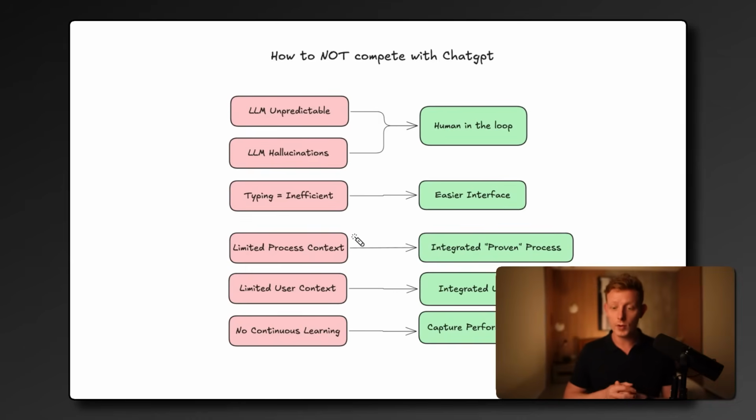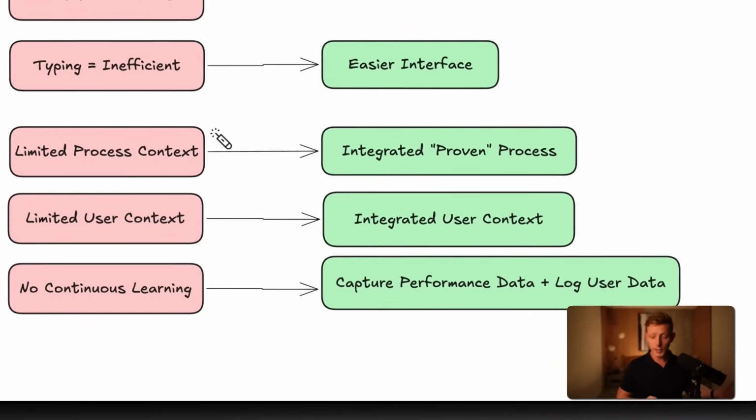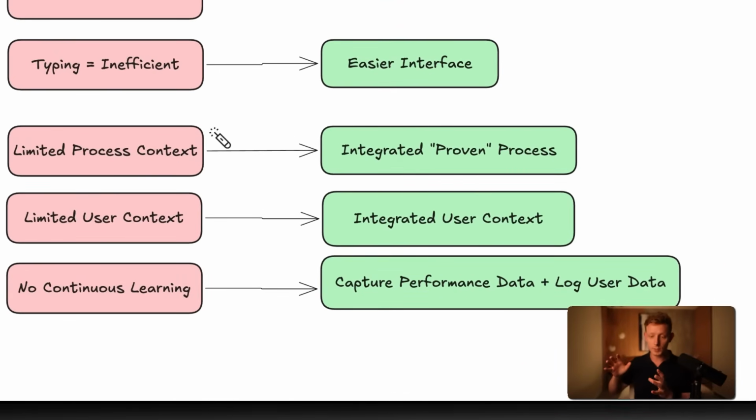Think of how many times you had to explain to ChatGPT about your personal situation, about your business, about the exact process you're trying to do. So we want to integrate that into our system, right? And have that integrated, proven process, that domain expertise on how this workflow should be executed, integrated into our system. And lastly, we don't have continuous learning in these systems. So that's something we can really start building into our AI products, right?